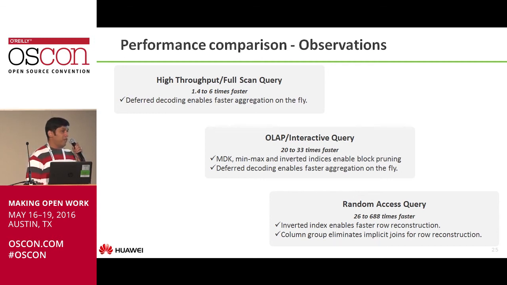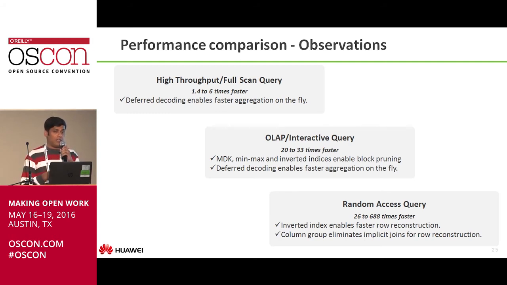In the case of OLAP queries, they definitely involve a lot of filters, and in the case of filters, indexes come into play. We have the MDK index and min-max index, which help us locate a subset of the blocklets which may contain the data. And we have inverted indices at blocklet level, just like Jihong explained. These inverted indices help us locate the rows within the blocklets that may contain the data.